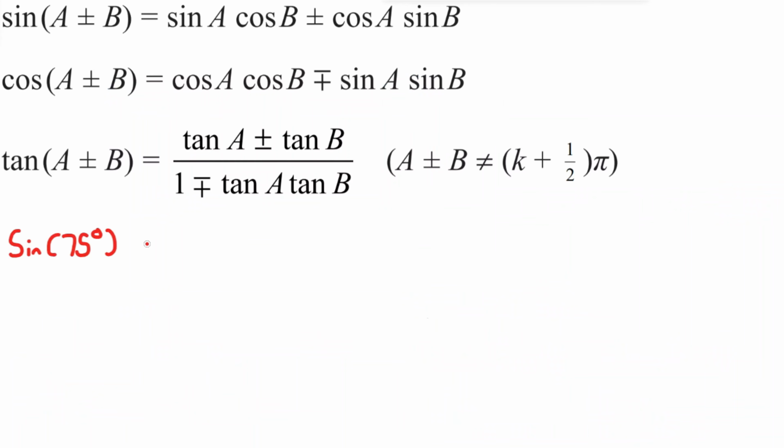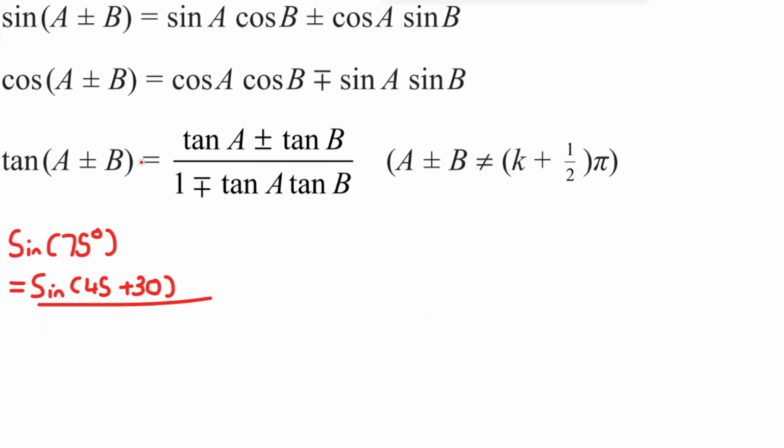One thing that these formulas are really good at is finding the exact values of unfamiliar trig angles. So, for example, let's say we wanted to find the value of sin of 75 degrees. Well, we don't really know what this is, but we can figure this out by rewriting this as sin of 45 plus 30 degrees. And of course, 45 plus 30 is 75.